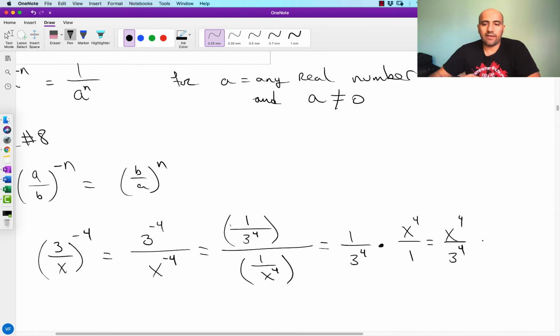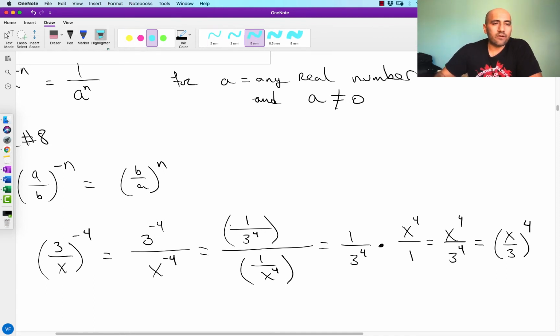And then as a final touch here, we can say that this is equal to x over 3 to the power of 4. Right? So if we look at where we started from, the original statement, after all these steps here, we end up with this one. And that proves the rule.